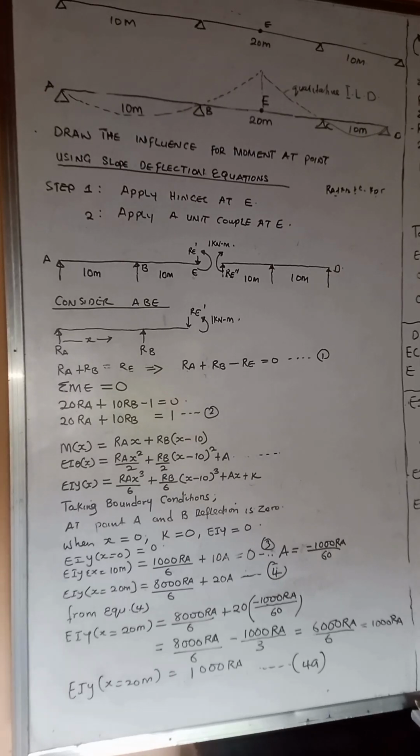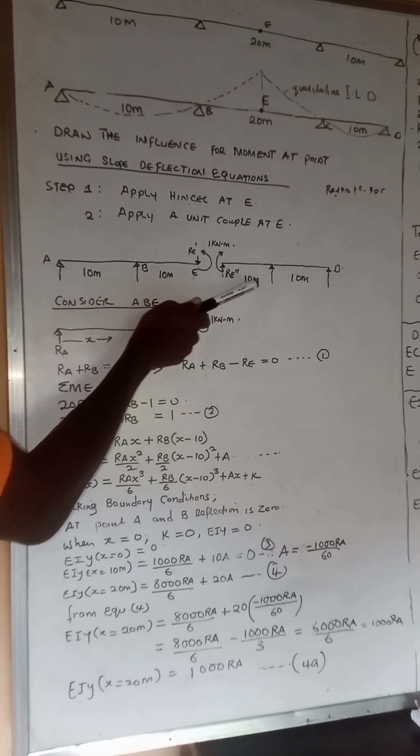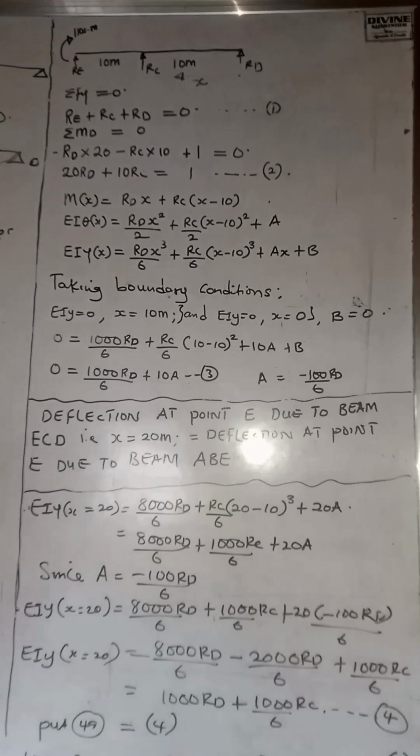Having gotten that deflection, we look at the other side of the beam, which we call beam ECD. You will see that we can do the same for this particular beam. Now remember, we've taken the algebraic sum and gotten equation 1. Now let's go to beam ECD.